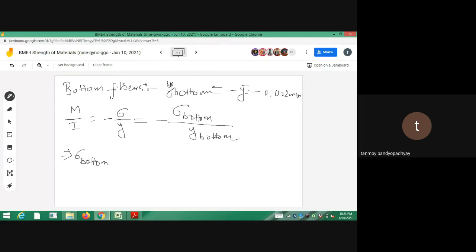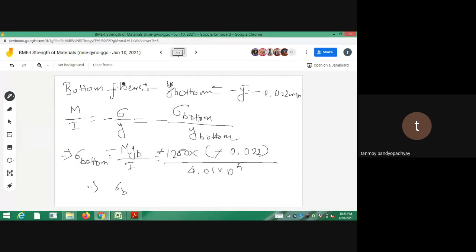Sigma bottom is equal to M into y bottom divided by I. So M is 1200, and this is negative, sorry, and y bottom is also negative, so minus 0.022, divided by I, which is 4.01 into 10 to the power 5. So you put all the values, and this will actually be positive.